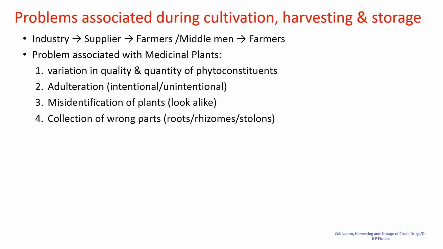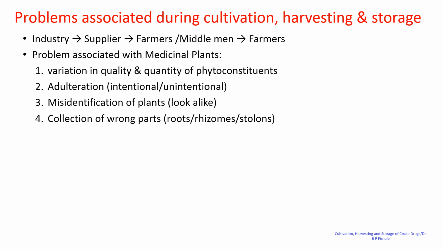We will take a very simple example of Trigonella foenum-graecum, that is methi. In that case, the seeds are usually required by an industry to isolate trigonelline. Sometimes the middleman can procure the leaves of trigonella, and the leaves have very little trigonelline.